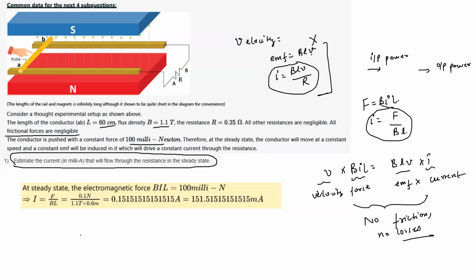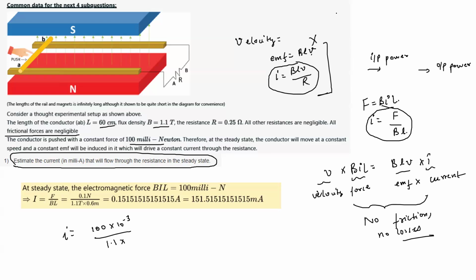So you will find current like how? Current is force 100 millinewton divided by B 1.1 into L. Now you see, what you will do, you will convert everything into SI units. It is very important. So what is the SI or MKS unit?